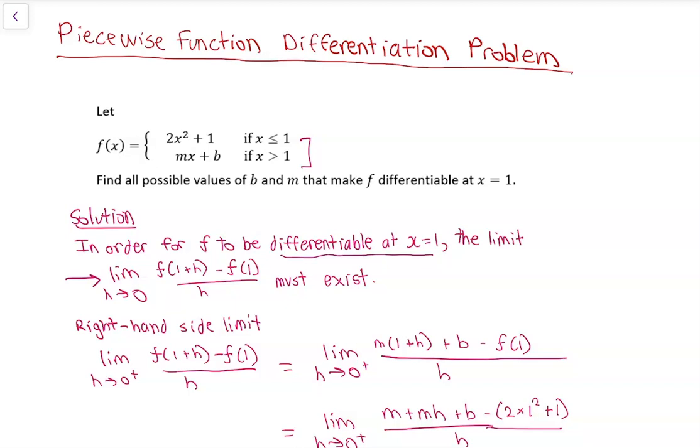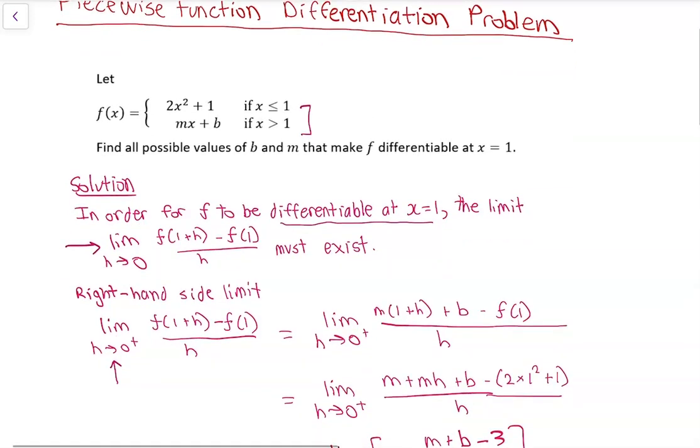From the right hand side, we have h going to 0 from the plus direction, or the right side, of f of 1 plus h minus f of 1 divided by h. And since we're going from the right hand side, we'll be having a look at what happens when x is greater than 1.